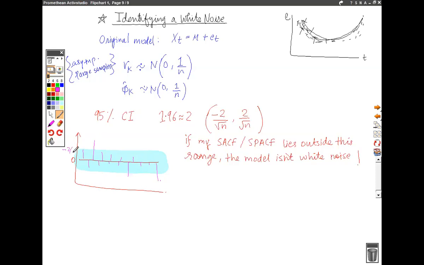So this clearly is not a white noise. That's it, and this is one of the methods for you to figure this out.